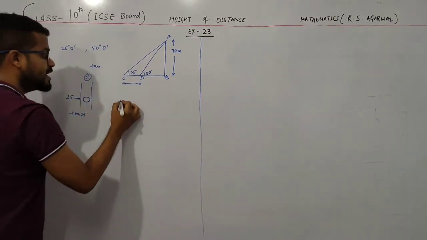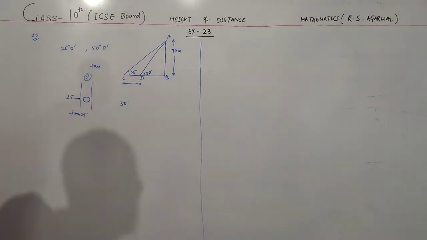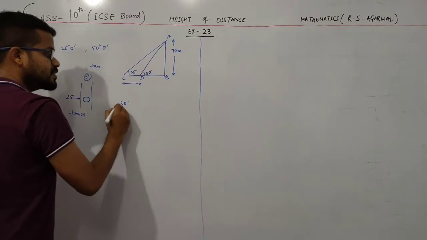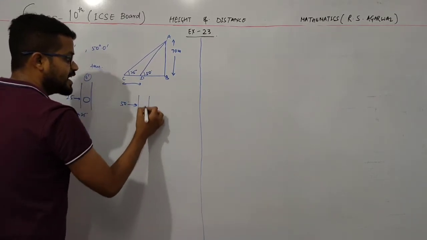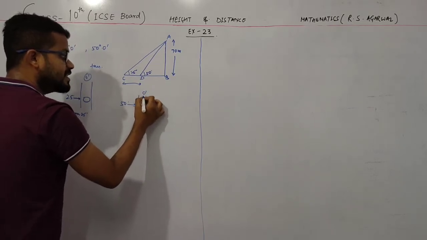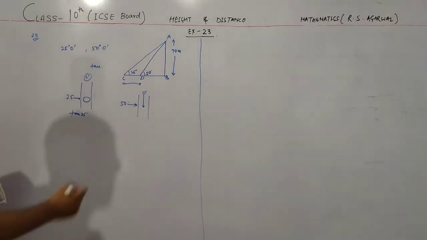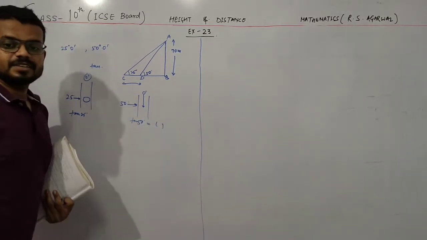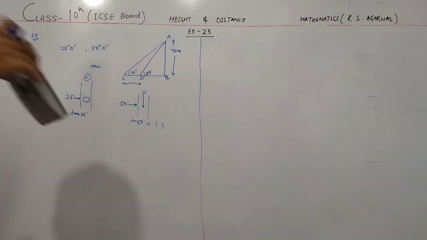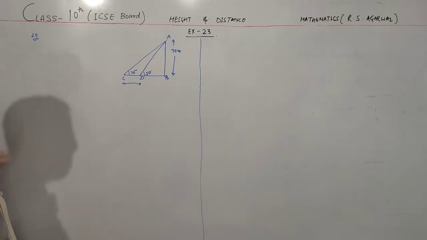Similarly, for 50 degree, search the table where 50 degree is written. Now in this row, go in the horizontal direction and find the value written in the column for 0 minute. Okay, so simply that is tan 50 degree. Here again I use two triangles.